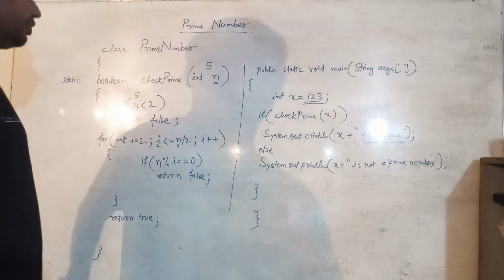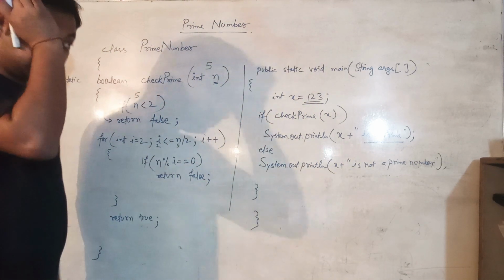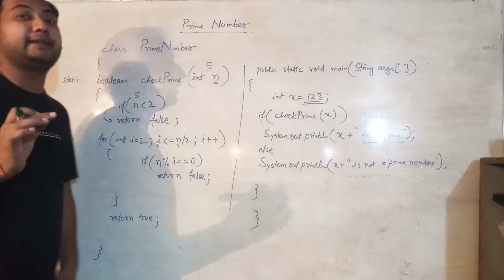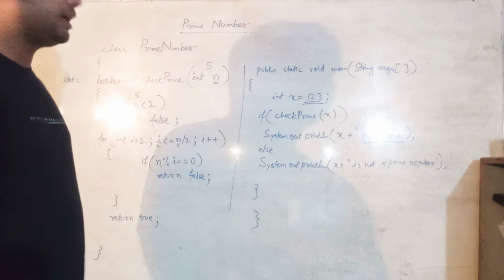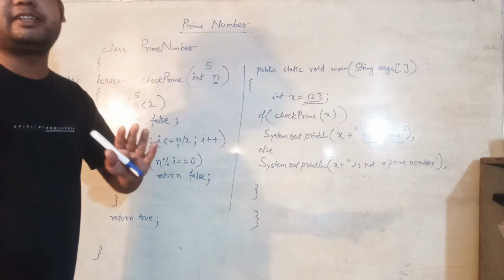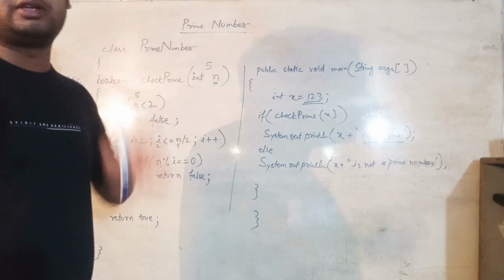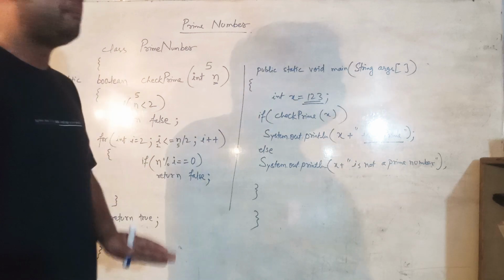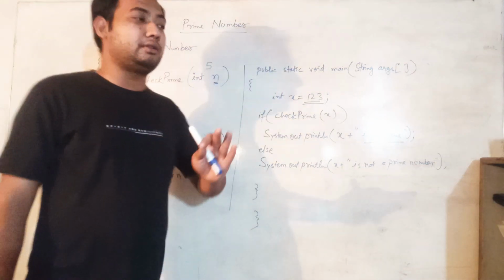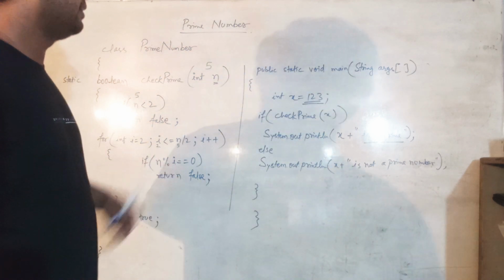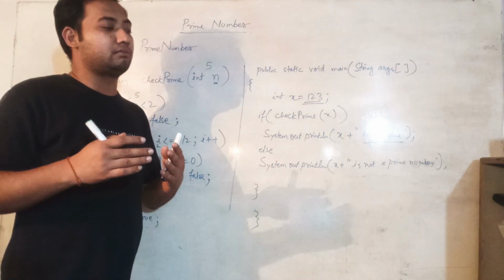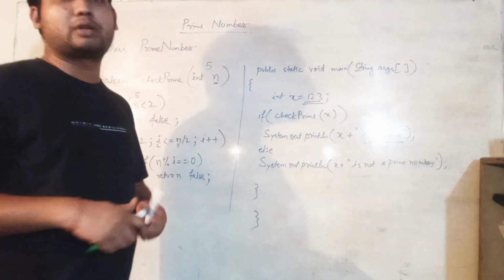Now listen carefully, students. If you are not dividing the number by itself, then a number is always divisible by up to its half only. Listen carefully. Many students check the program of prime number and get different types of programs.